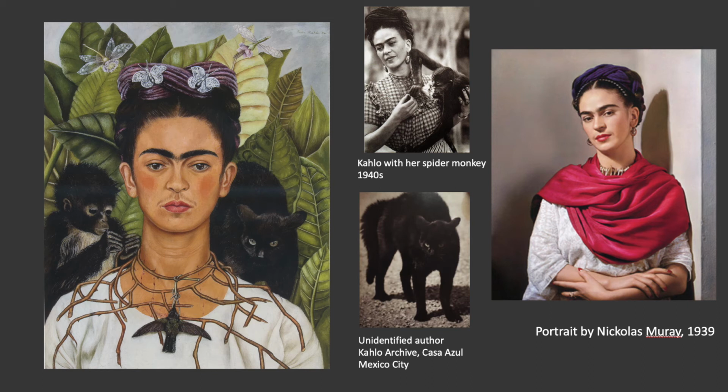So there's quite a similarity in terms of what Kahlo is wearing, and a relationship, I think, between that shell necklace and the idea of putting a thorn necklace around her throat in the painted portrait, and the piercing of the delicate skin of the neck with the thorns from the vine. Okay, so you can go back to the next slide.